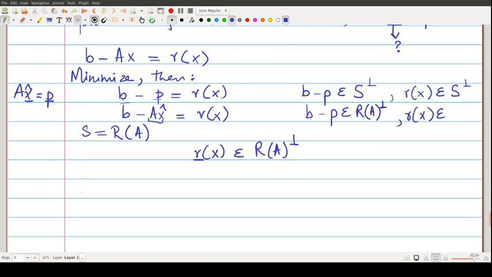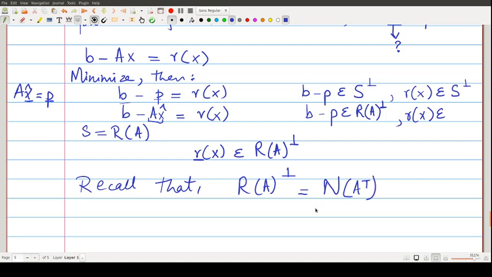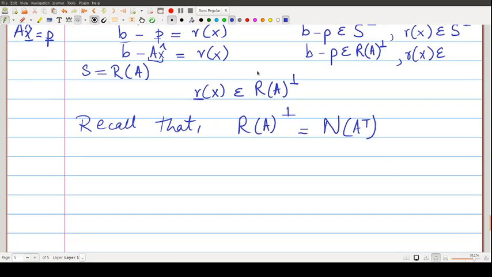And recall that the orthogonal complement of the column space is nothing but the null space of A transpose, right? This is a relationship that we saw in the previous video. And so if Rx is in the orthogonal complement of the column space of A, that automatically means that Rx belongs to the null space of A transpose. What does that tell me?